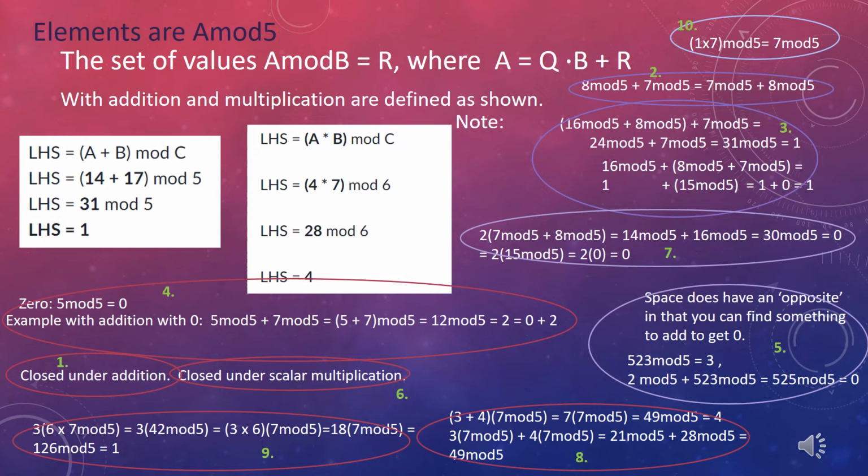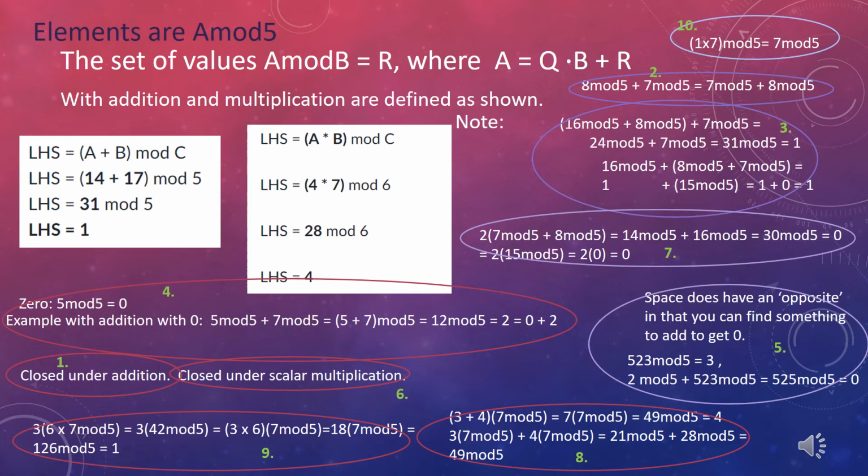So how you're going to define addition in this vector space is you add the two items and then you do the mod 5. How we're going to define scalar multiplication is we're going to multiply two scalars together and then we're going to do the mod 5. So I have an example here where I'm showing how to do the multiplication with mod 6. So 4 times 7, so we're multiplying 4 times 7, and you get 28.